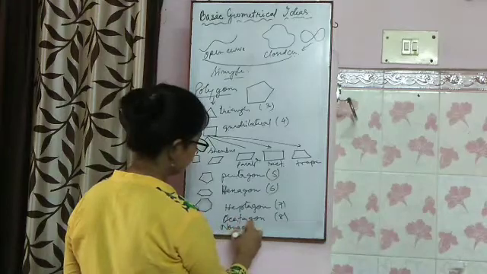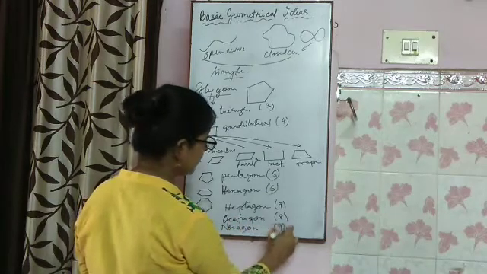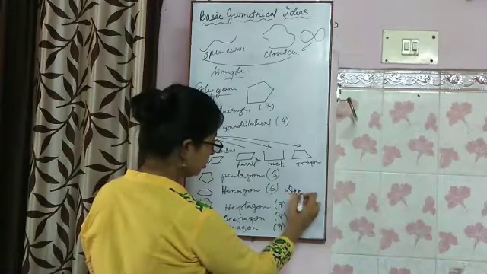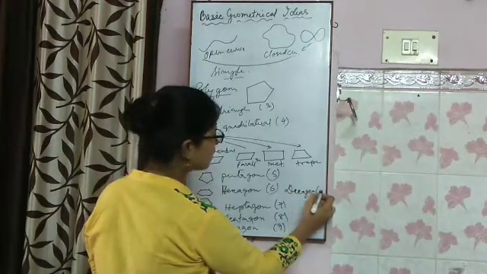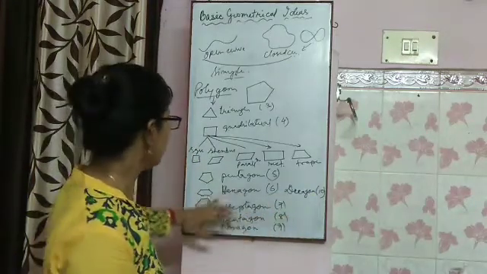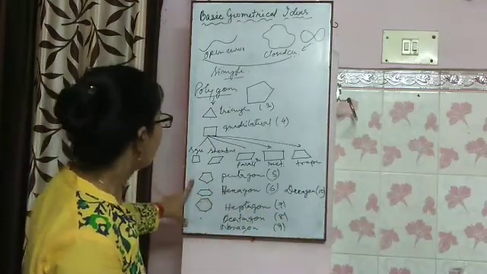Nonagon has 9 sides. And lastly, decagon has 10 sides. So these are the particular names given to the different polygons.